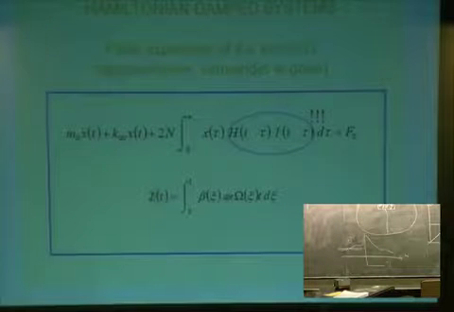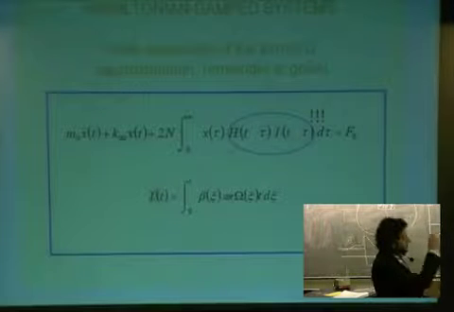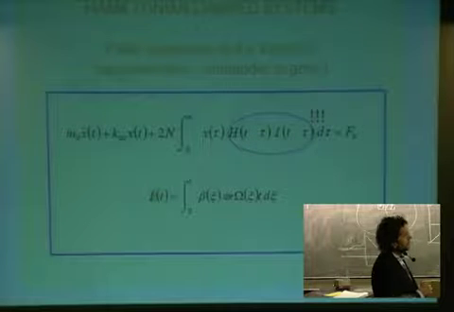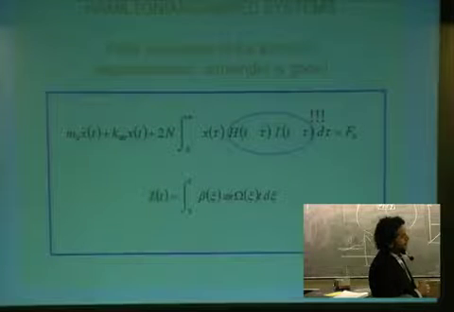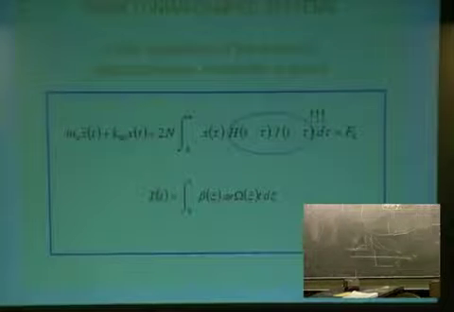The very important point is this kernel, where H is the Heaviside function. This is integration over psi from 0 to 1. Because psi is a dummy variable, you just scaled somehow.